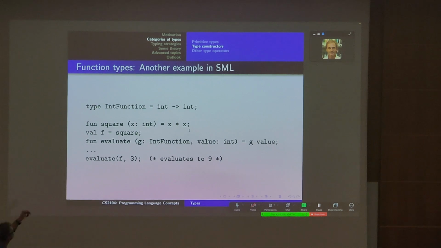And therefore, it is possible to define a function evaluate that takes an int function and a value and applies that int function to the value. And you can apply evaluate to f now because you know that f is consistent with the declared type of the evaluate function. So f has a type int function, and therefore it can be applied. Therefore, evaluate can be applied to f.